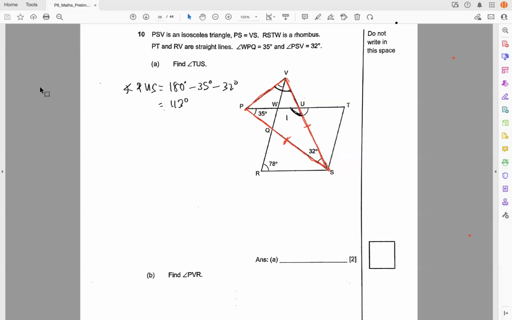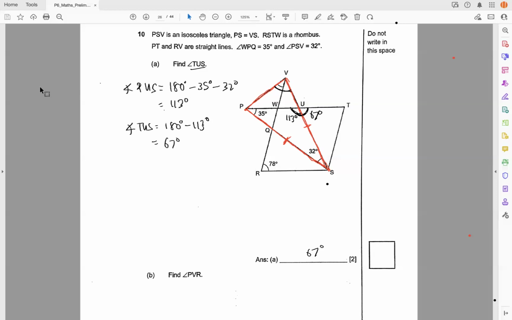So this is 113. Angle TUS is here. Angle on a straight line, angle TUS is 180 minus 113. I get 67 degrees. Okay, so the answer is 67 degrees.